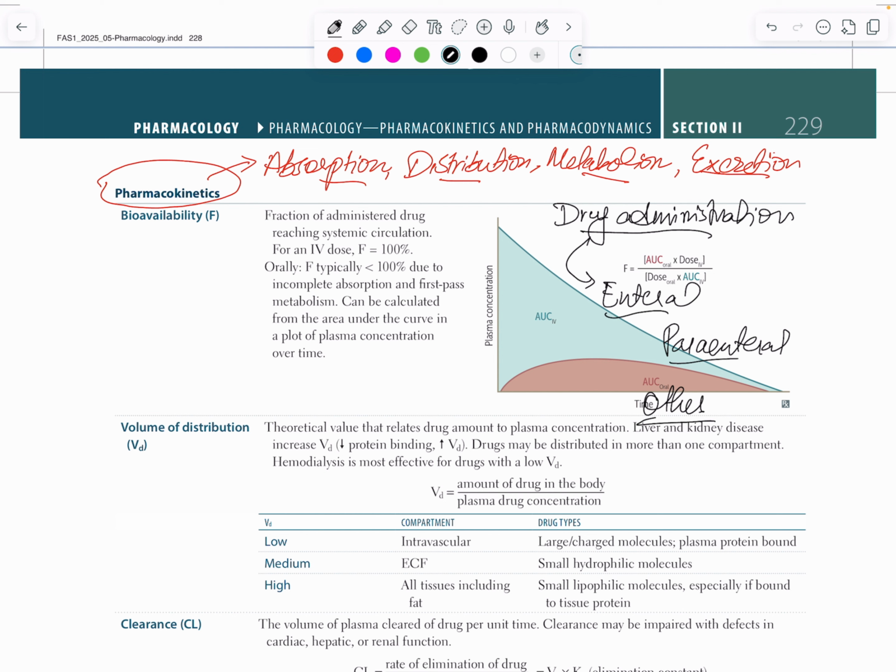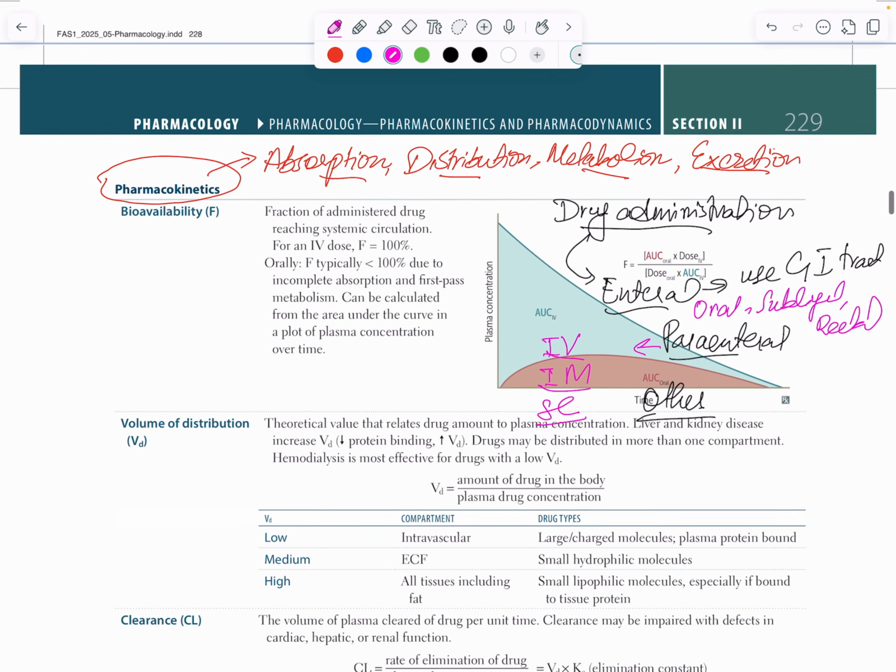The enteral route includes all the routes that use the GI tract, if we give the drug orally, sublingually, and also rectally. The parenteral route includes IV, IM, and subcutaneous.